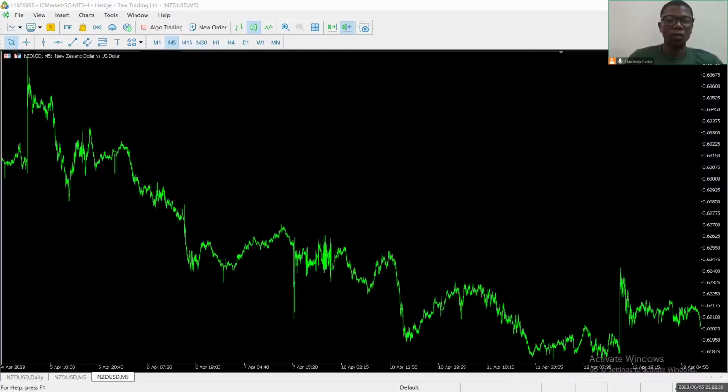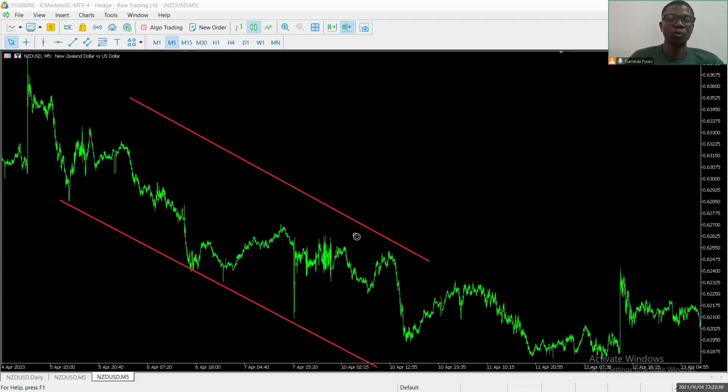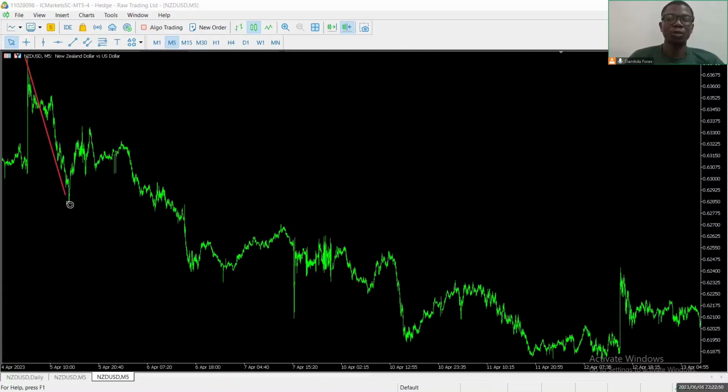Okay. Looking at the chart right now, we can see prices on a bearish structure of lower highs and lower lows. And like I said, on a bearish structure, we'll be looking forward to sell, and on a bullish structure, we'll be looking forward to buy. So let's go ahead and pinpoint, identify this bearish structure of lower highs and lower lows. Okay, so prices made a push from the peak right here to this point.